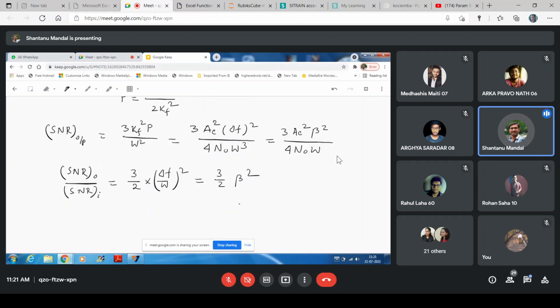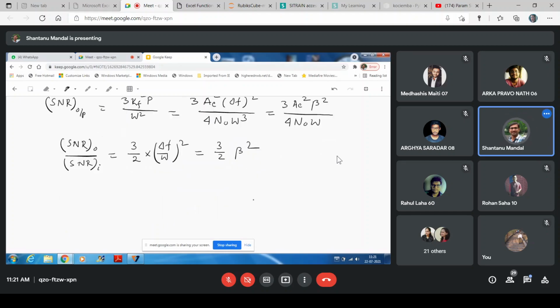So this is equal to 3 by 2 into beta square. So the figure of merit, FOM, this is the FOM of FM.